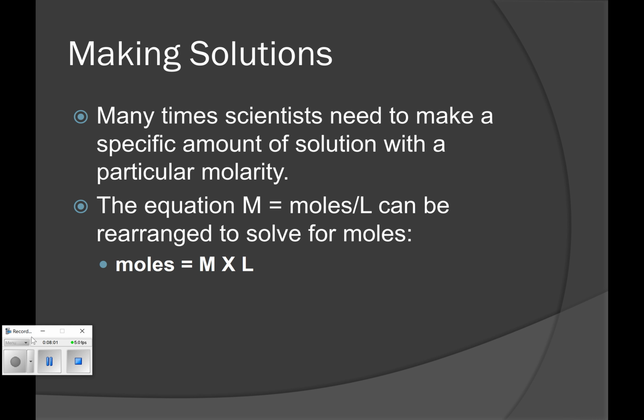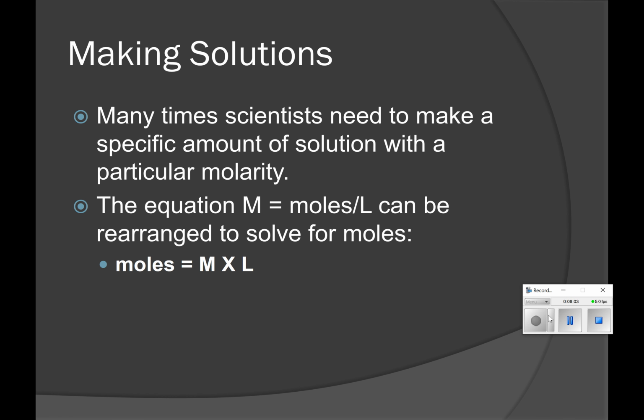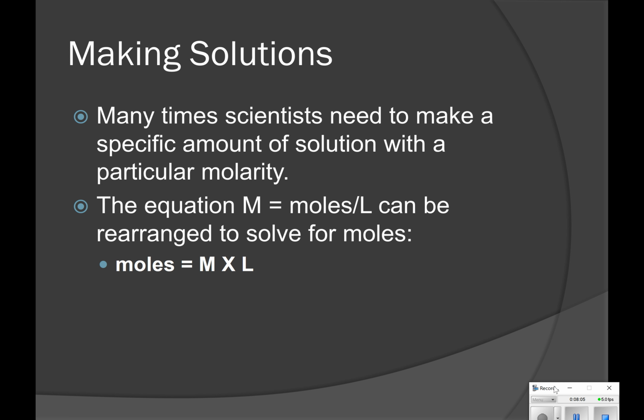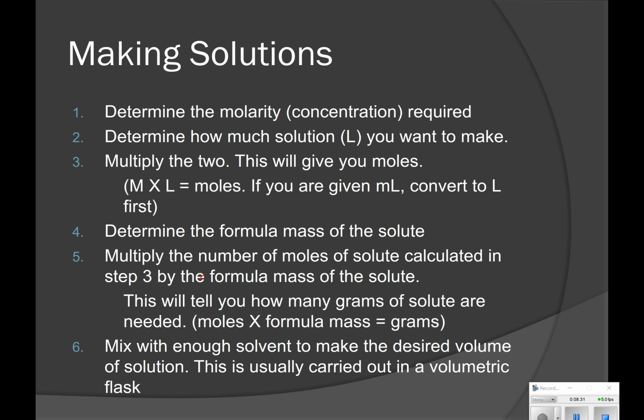Now, as I had mentioned before, in lab, oftentimes we have to make a specific amount of a solution with a certain molarity. And we can rearrange our molarity concentration equation to solve for the number of moles, where we would simply multiply the molarity times how much solution we need in liters.